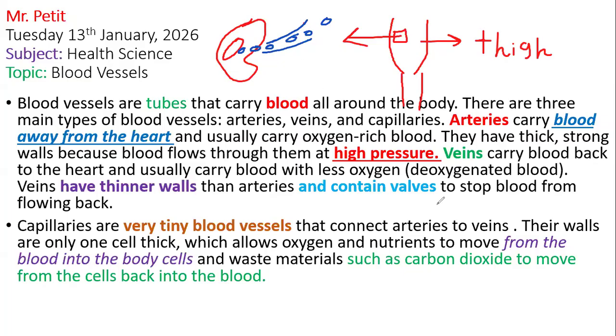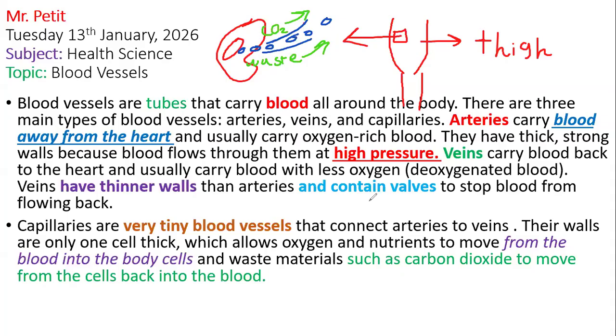And what is the cell going to give it? The cell has some waste products, right? The cell has carbon dioxide. The cell also has other waste. So it's like an exchange. What is the exchange? The blood or the capillary gives it the nutrients, gives it the oxygen, and the cells in turn give the blood carbon dioxide and waste.